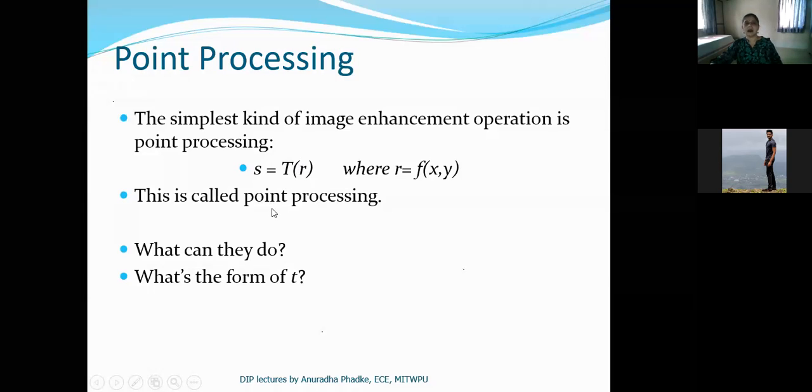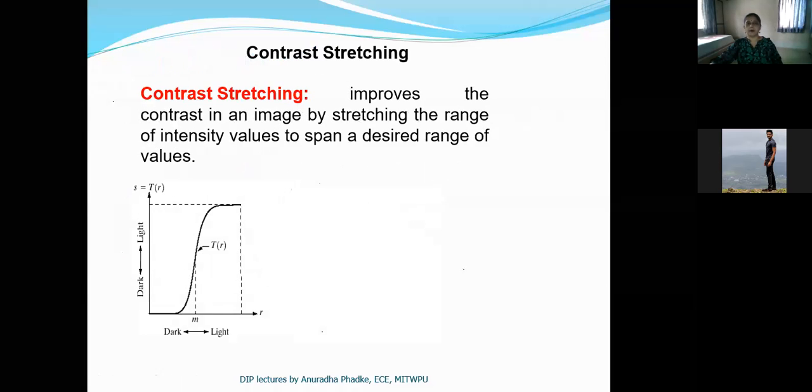Now let us see how point processing is useful in image processing. One of the important point processing operations is contrast stretching. Many times, though we have a camera with very good dynamic range, the captured image has low contrast. It is mainly because of poor illumination conditions.